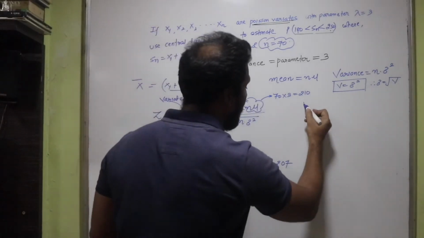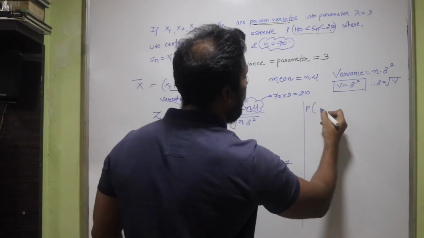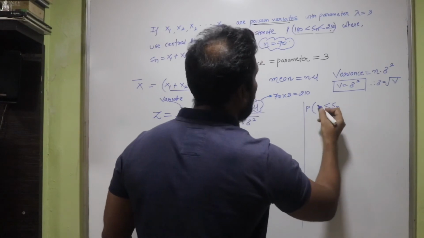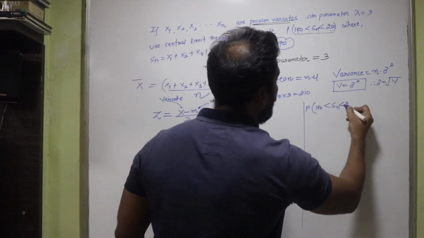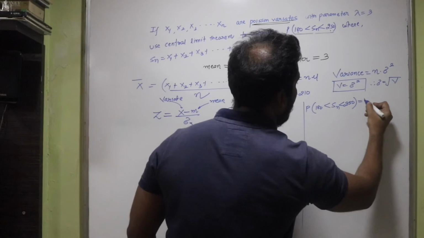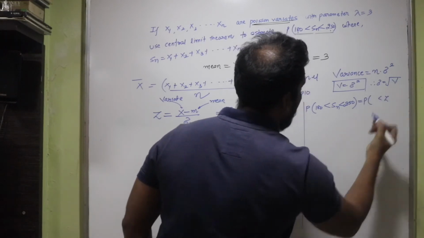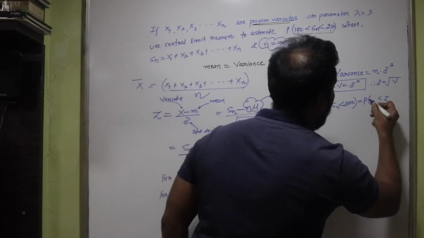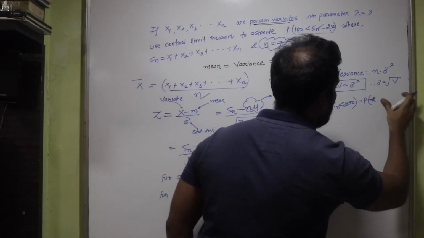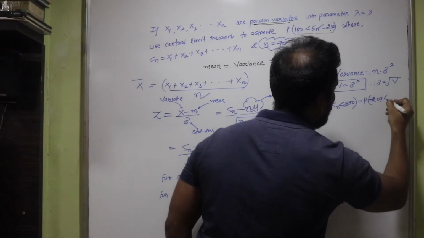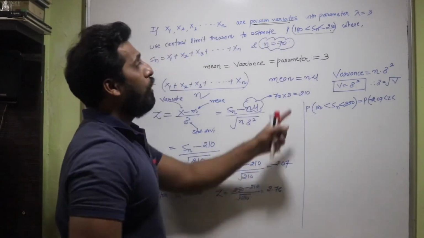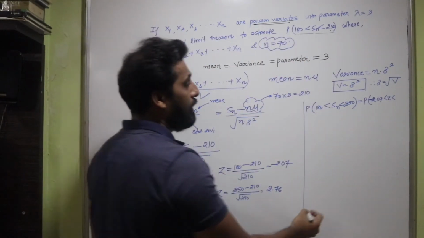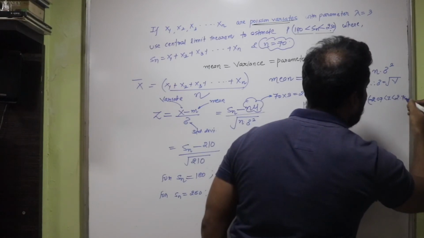So therefore, students, I can now say that the probability of Sn lying between 180 to 250 is actually the probability of Z lying from minus 2.07 to 2.76.